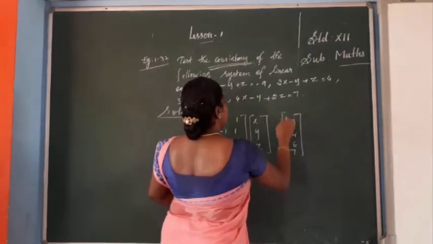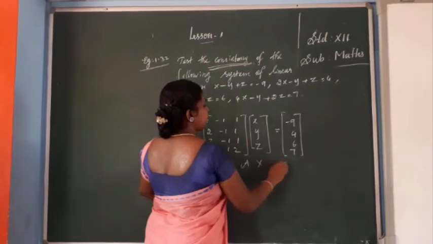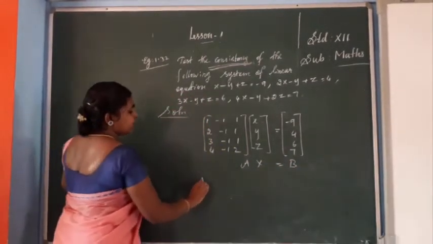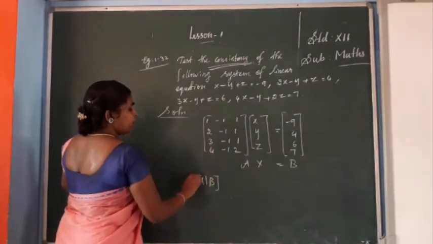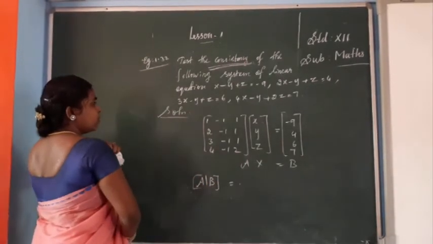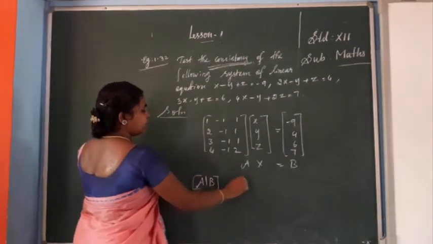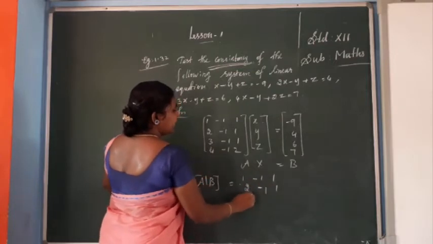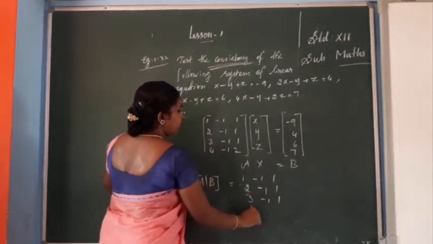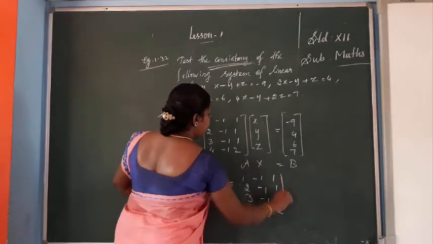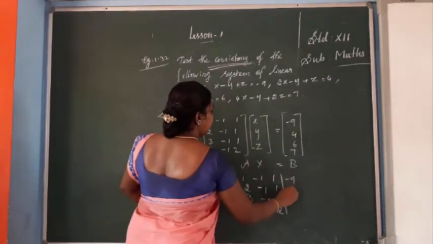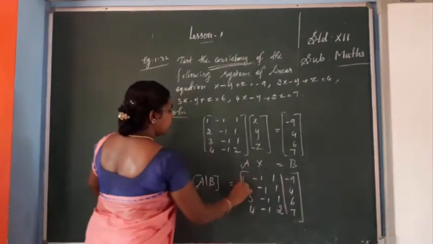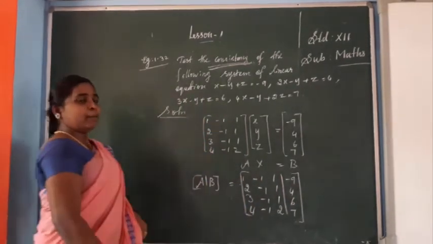This is the form of AX equal to B. Next, the augmented matrix A bar B. So A bar B equal to, here A is 1 minus 1 1, 2 minus 1 1, 3 minus 1 1, 4 minus 1 2, and B is minus 9, 4, 6, 7. This is A bar B, isn't it?